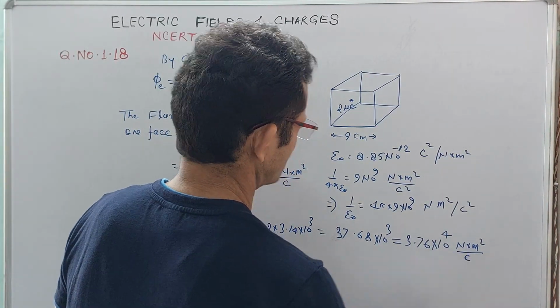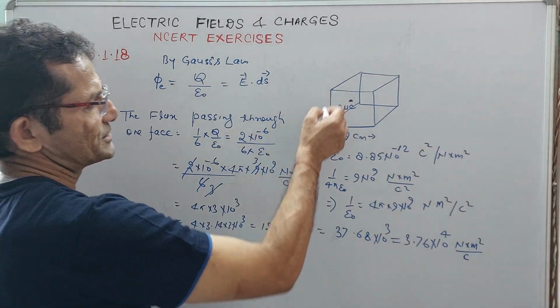This is the value of the electric flux passing through any one face of this cube.